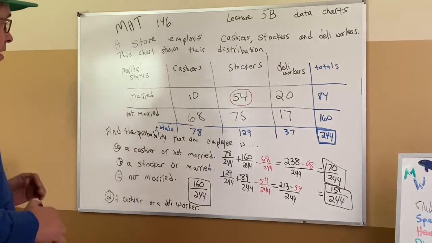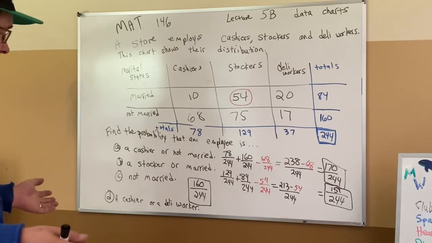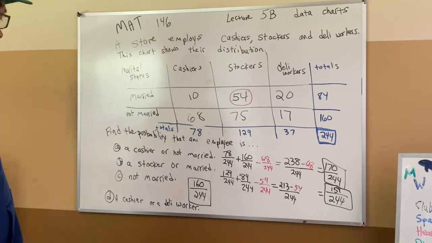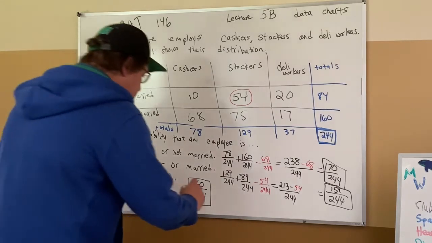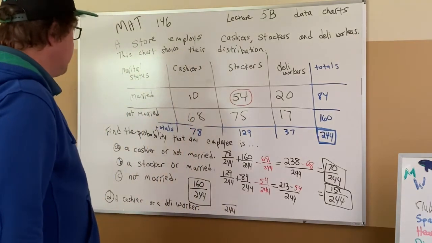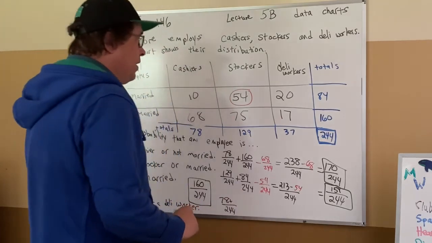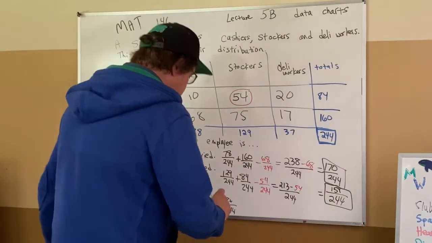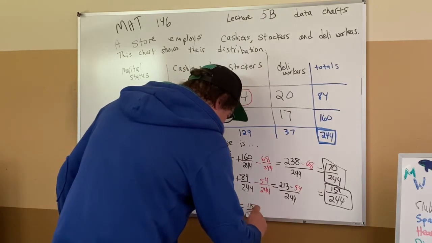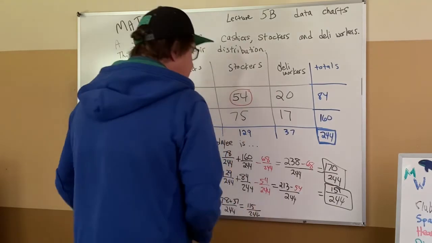But if they are considered disjoint sets, so that no one does both jobs or no one is defined as an employee who primarily does both jobs, then we would be able to go ahead and do D, which is 244 total. And we get our total cashiers, 78. And our total deli workers, 37. Get 115 over 244. Because they're disjoint sets, we don't have to subtract anything.